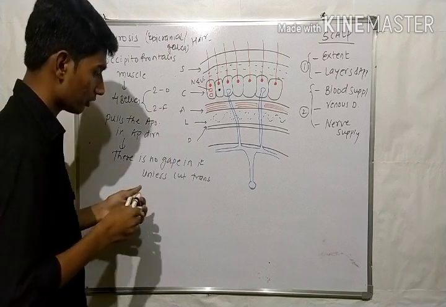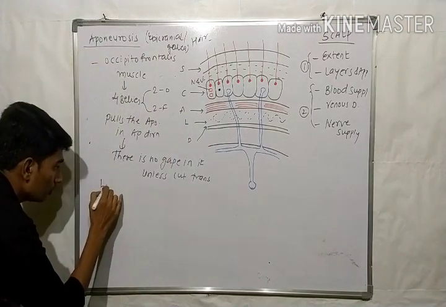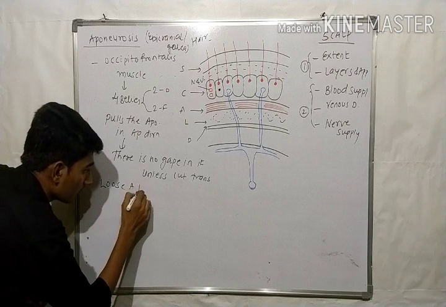Now we will talk about the fourth layer, that is loose areolar tissue.